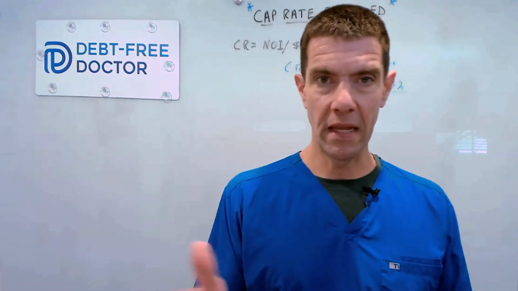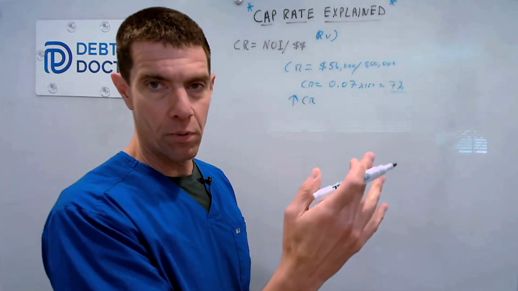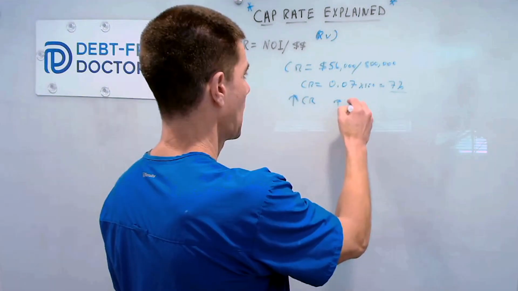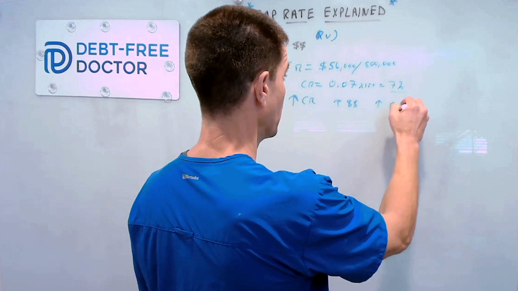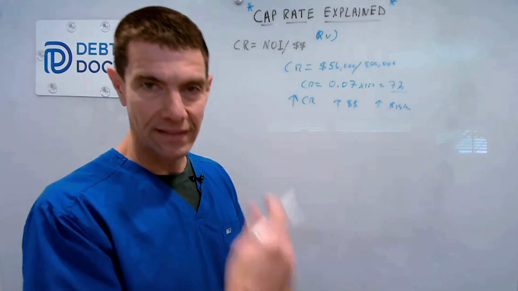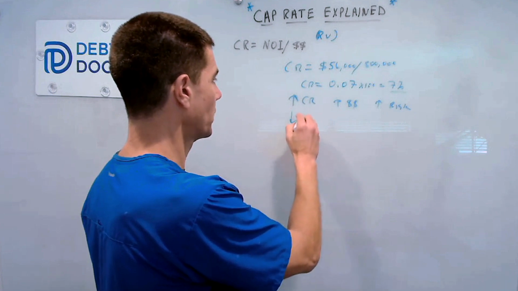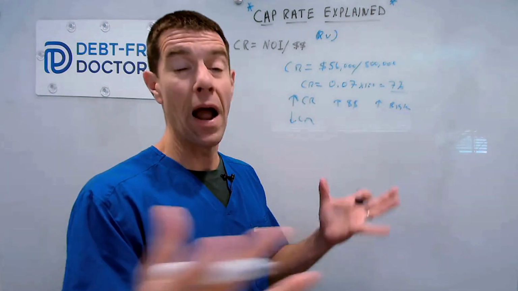Here's one thing that you should remember. A higher cap rate usually indicates higher returns, but it also comes with more risk. Higher cap rate, typically higher returns, higher risk. Same thing with the lower. If you have a lower cap rate, what do you think? This often means that the property is in a prime location.